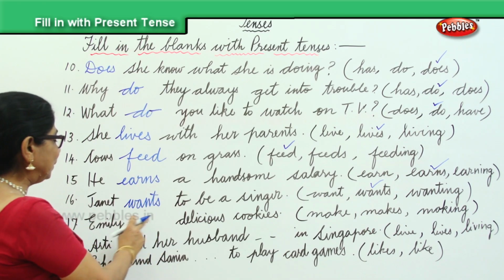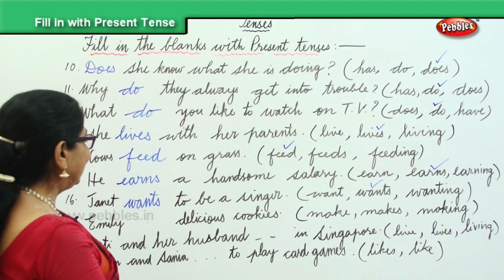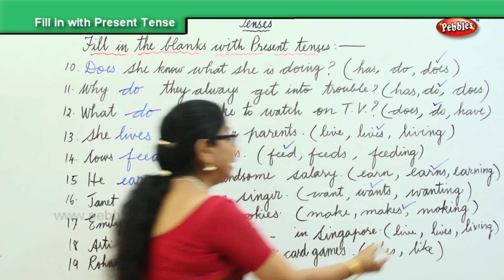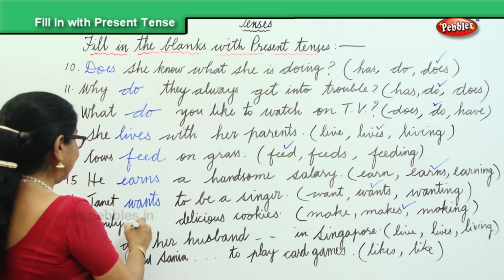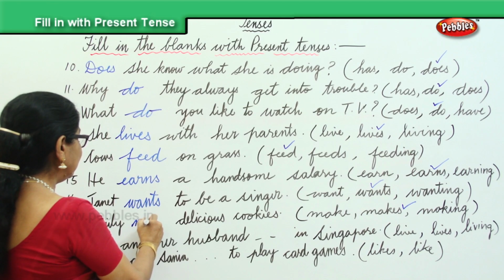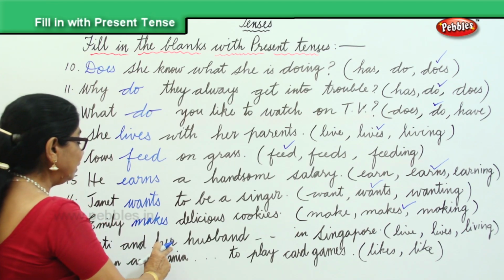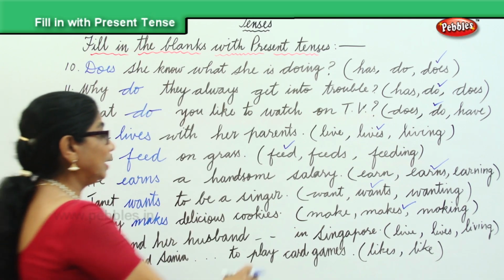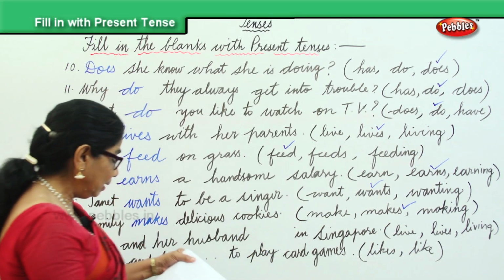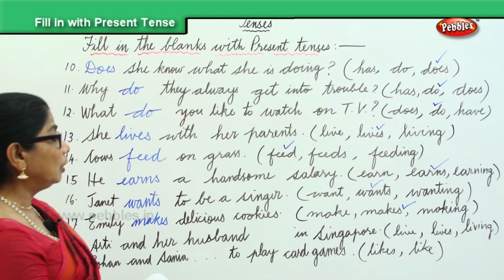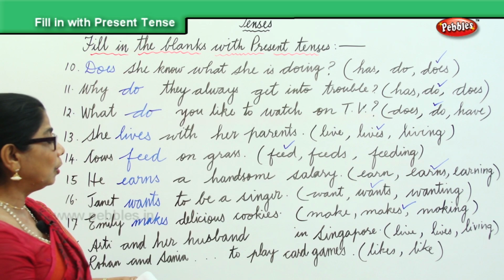And then next is Emily make delicious cookies. Emily makes delicious cookies. Aarti and her husband live in Singapore, lives in Singapore or living?